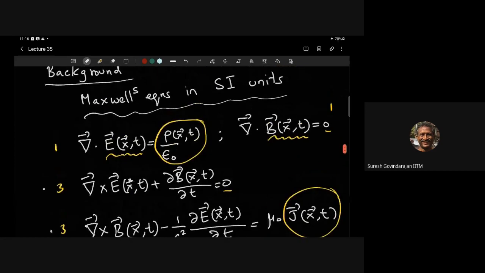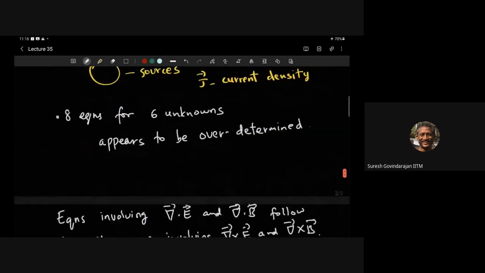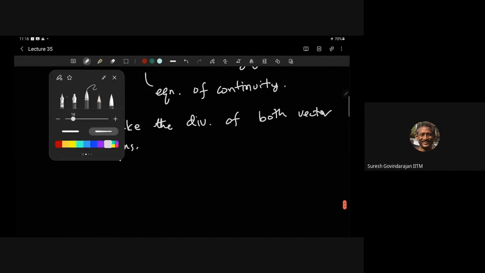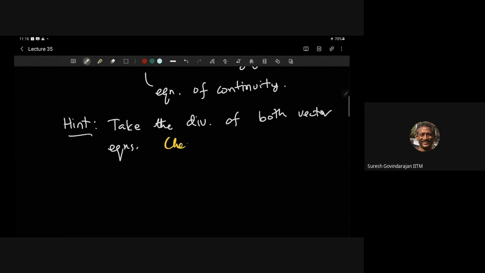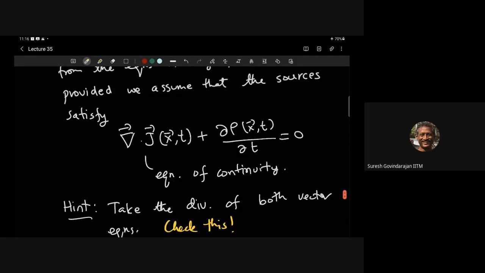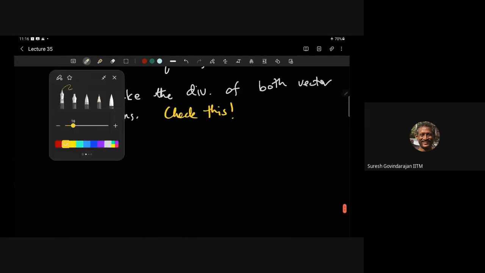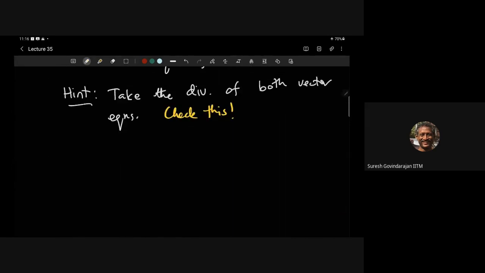So you can just check that. So this is it. Check this. A simple thing. Okay, so this is just in terms of counting degrees of freedom. Then there are some more features which are interesting.